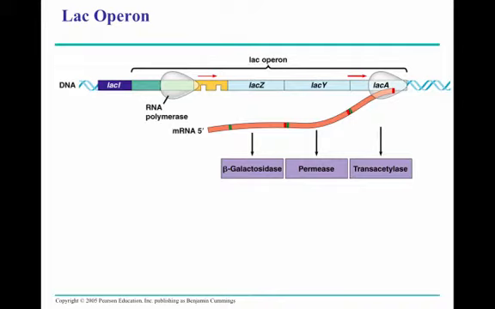Now, you want to think to yourself, when would the bacterial cell want this operon on? And what I mean by on is making these protein enzymes. Well, you'd want it on when you have lactose in the environment. When the bacterial cell has lactose in the environment, it wants to make these enzymes to break down the lactose.